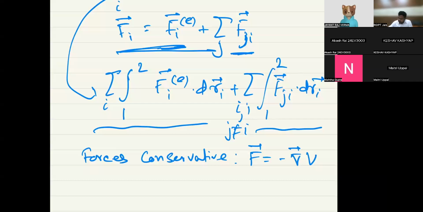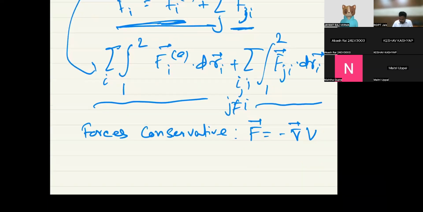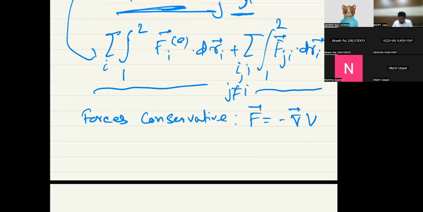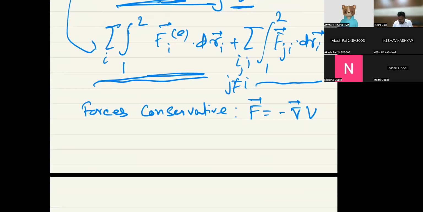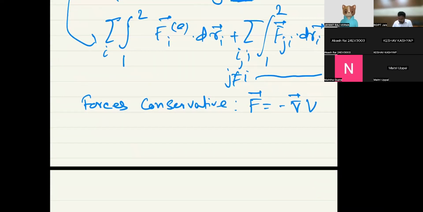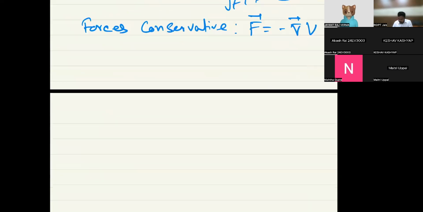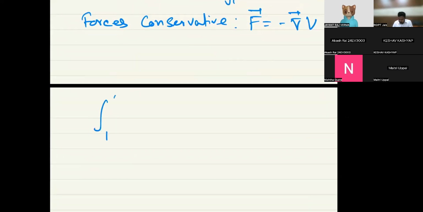So we can try to evaluate the first term, the integral from 1 to 2 of F_i^e dot dr_i. If the force is conservative, then we can write F_i in terms of some gradient function.